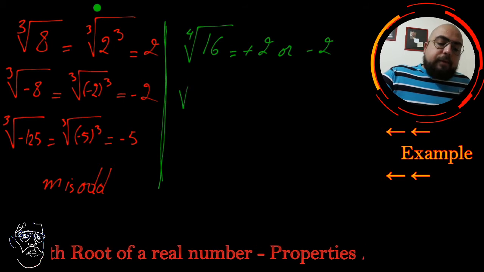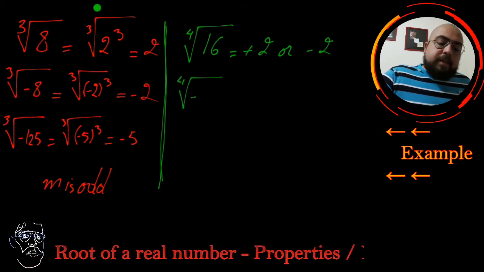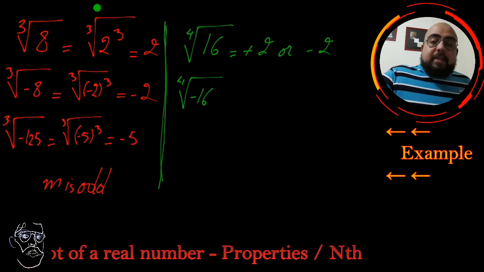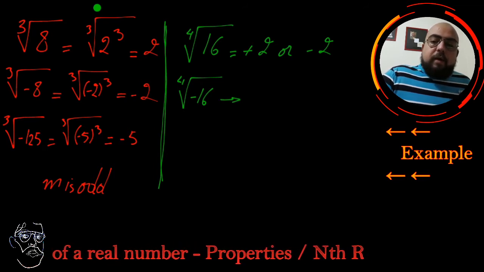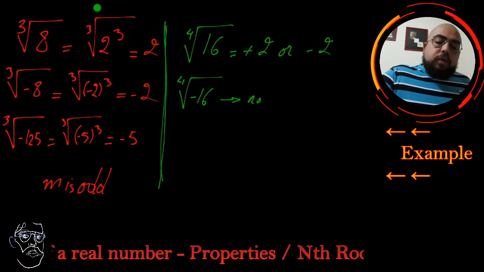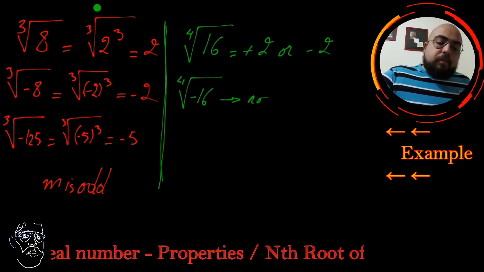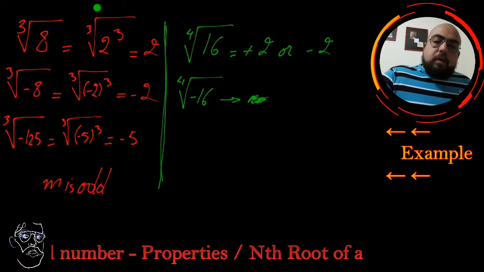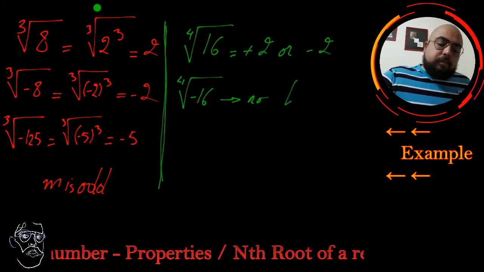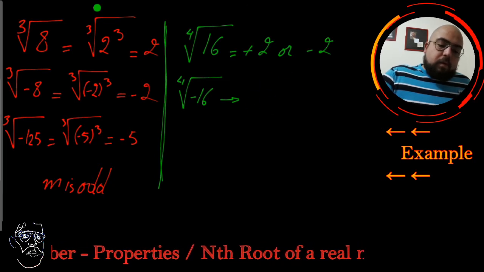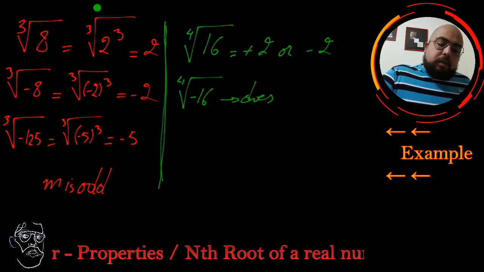In case I had the fourth root of minus 16, minus 16 is negative, so I will have no roots, or it does not exist.